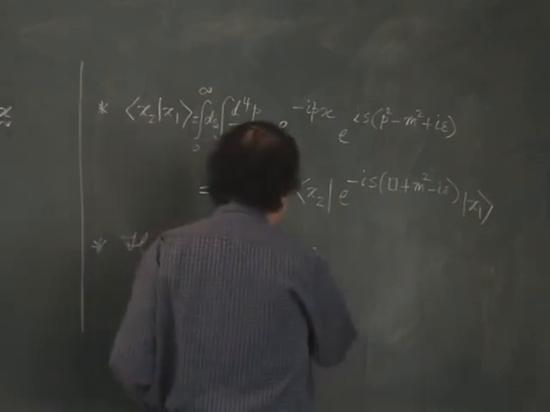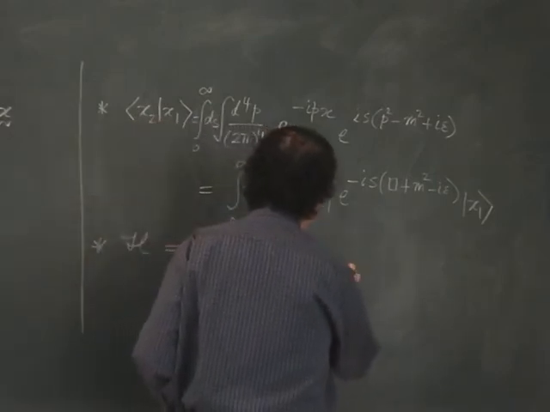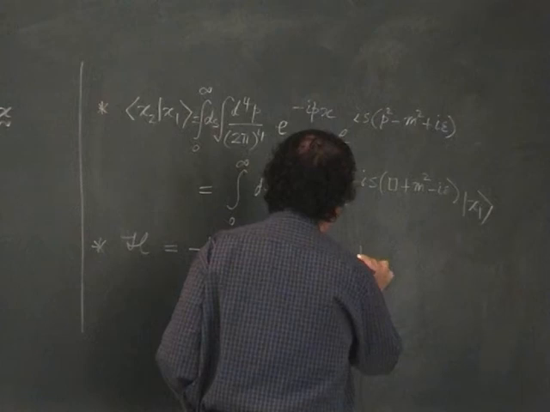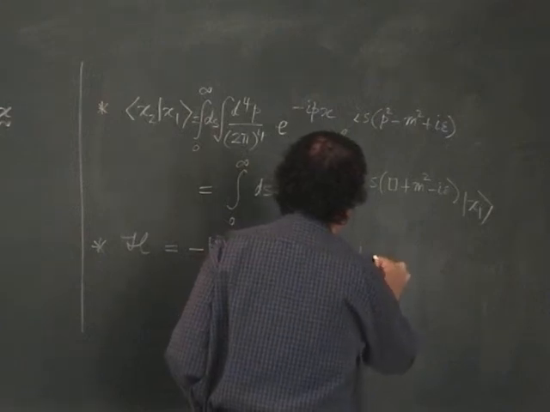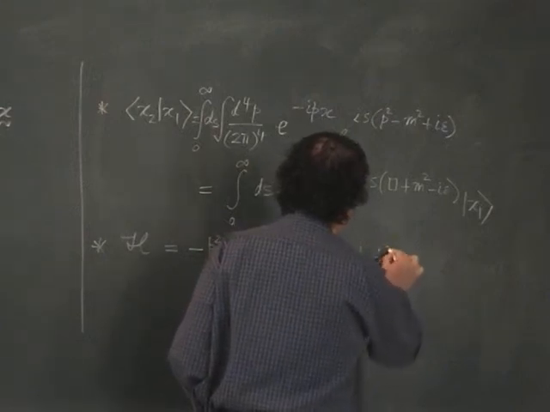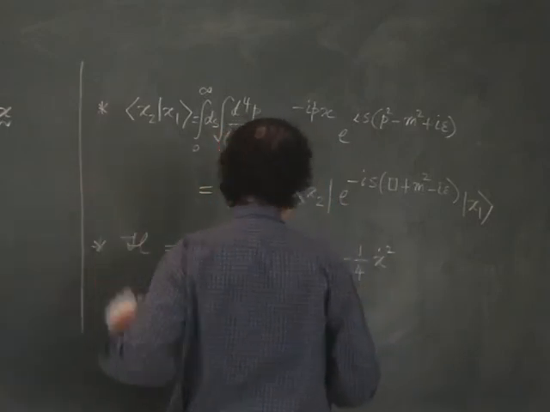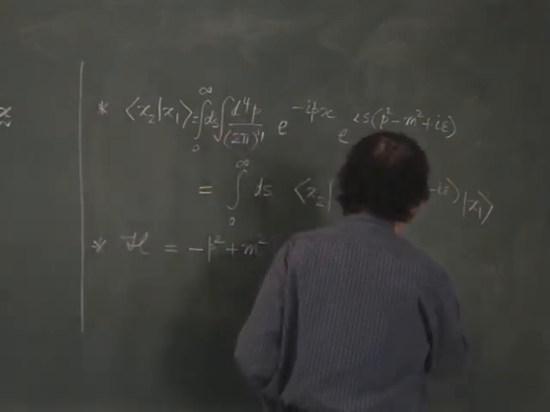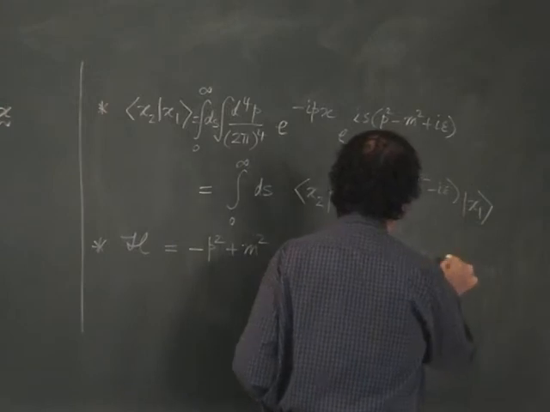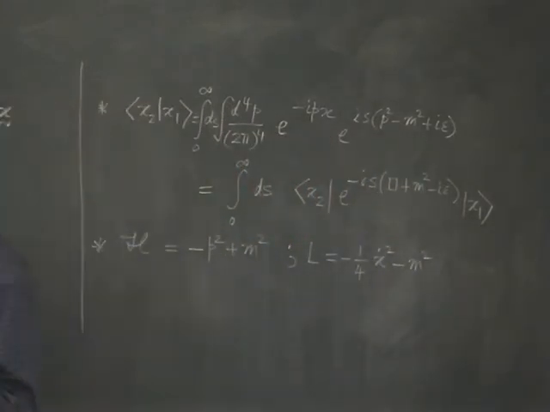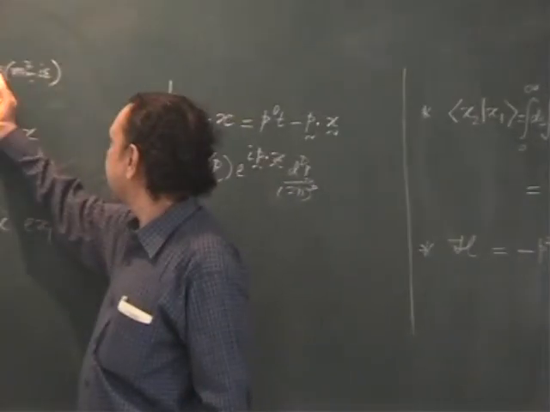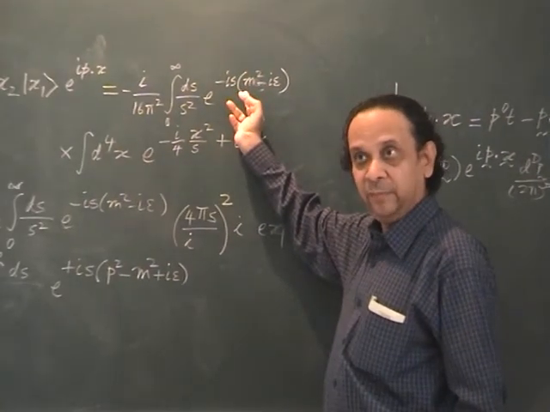Think of a Lagrangian which is minus 1/4 x dot square, which was what we were originally having, minus m square. See, if you think of where this expression came from, this 1/4 x dot square could have come from a Lagrangian with a kinetic energy minus 1/4 x dot square, and then you had this minus m square term.